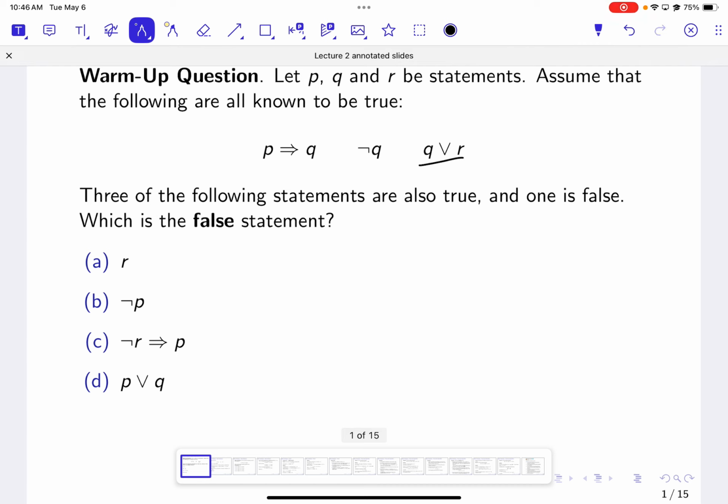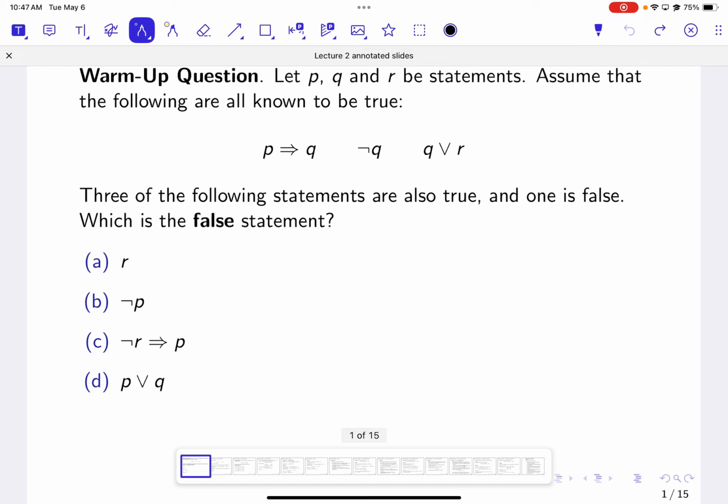And Q or R. So at least one of Q and R is true. They can both be true. Maybe just one, but definitely not neither of them. And we have to figure out, of the four statements below, which one of them is false.